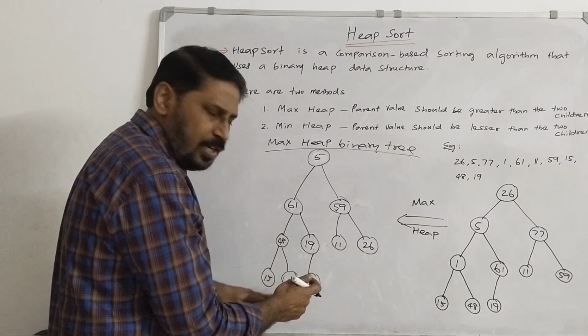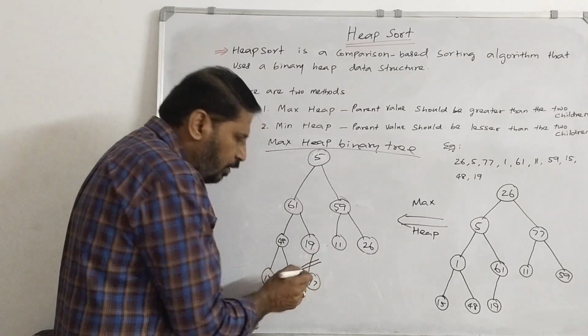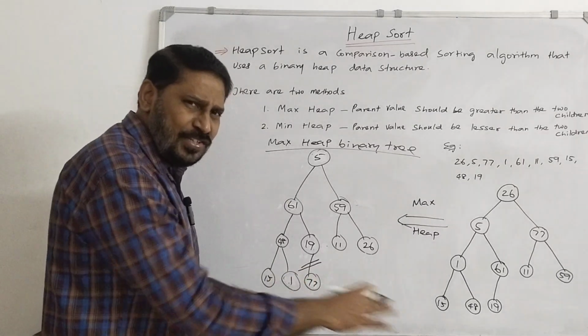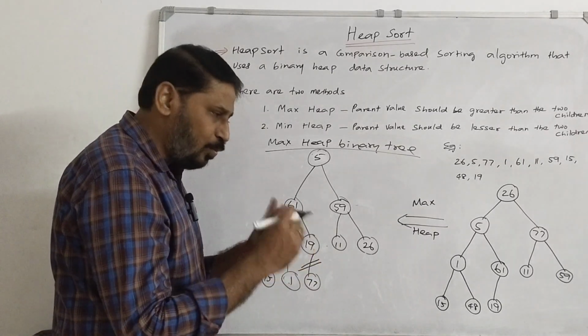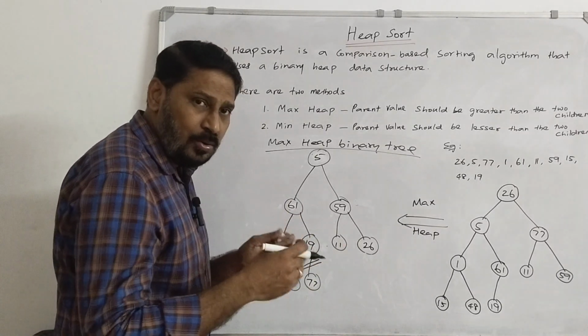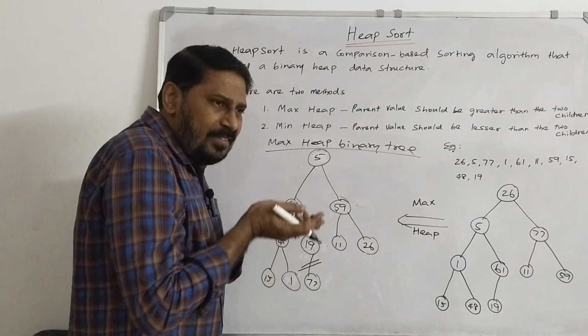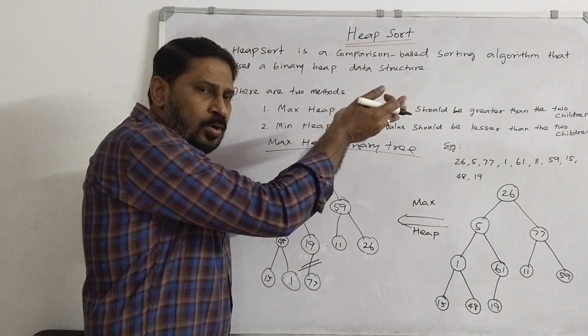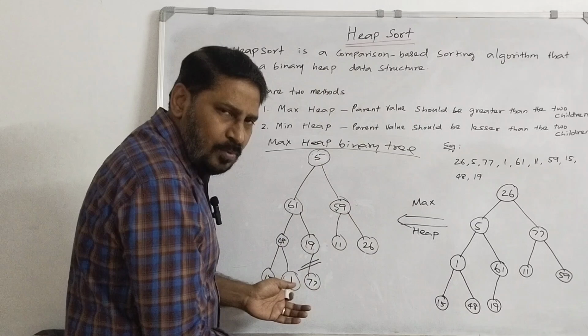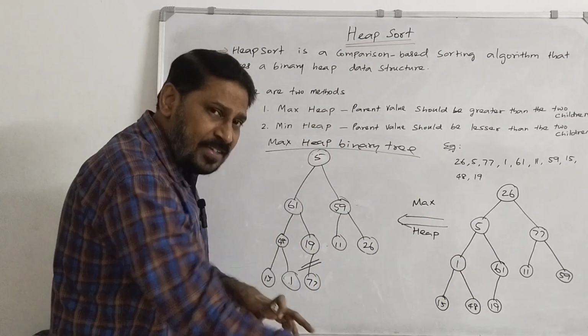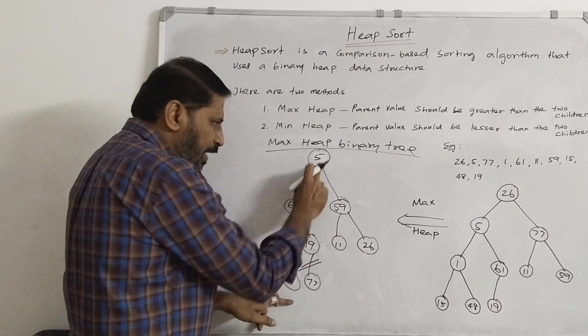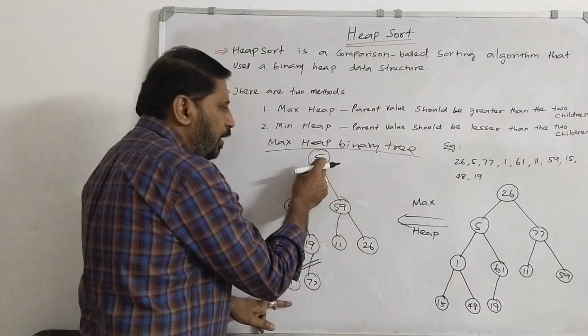In the second iteration, we are not including this number because it is sorted. At each and every iteration, I take the maximum value to the root, then the root is swapped with the last node.